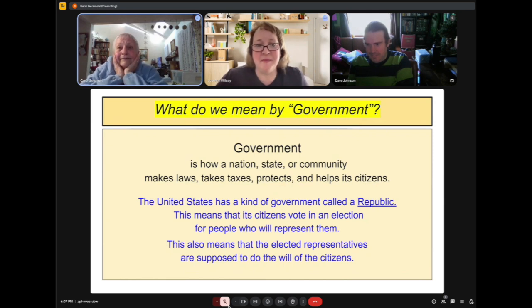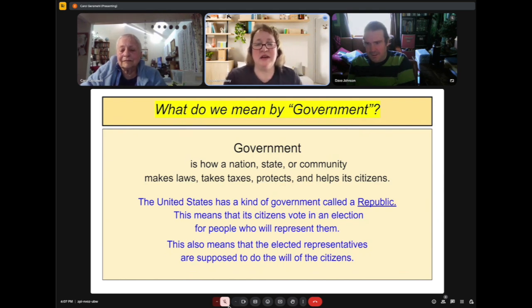So having representatives, voting on representatives to represent us for the government and making laws is important. We elect them. They're supposed to do the will of the citizens, and I just kind of let that go. I didn't want to say they don't always do what they're supposed to do. So okay, go ahead.